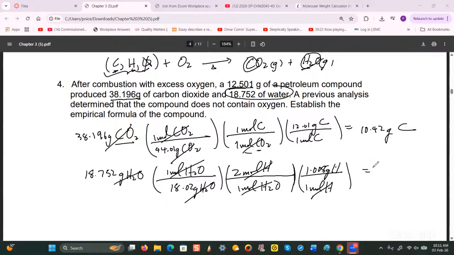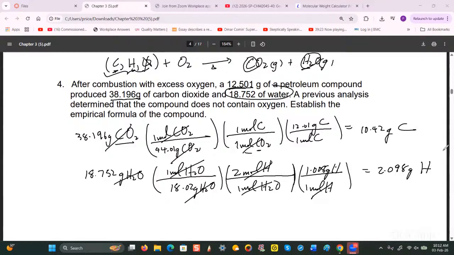And according to my calculation, this works out to be equal to 2.098 grams of hydrogen, all right? And I just realized something here, but let me not talk about it right now. I'll mention it later on.